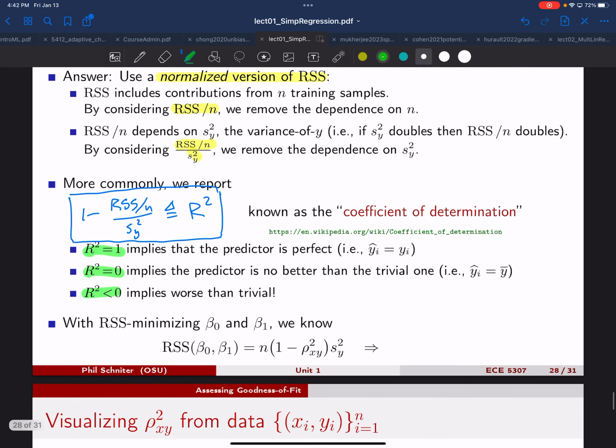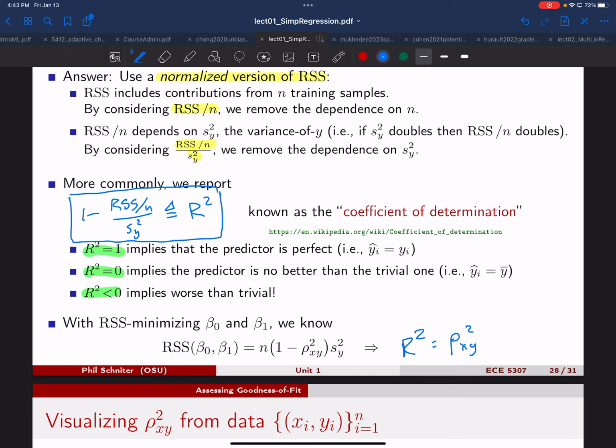One last thing is if we plug this expression into our r squared formula, we find that r squared is nothing more than rho xy squared. Last lecture someone asked whether rho xy tells us something about the goodness of fit. Yes, it tells us exactly. Rho xy squared tells us r squared, so that's everything in terms of goodness of fit.